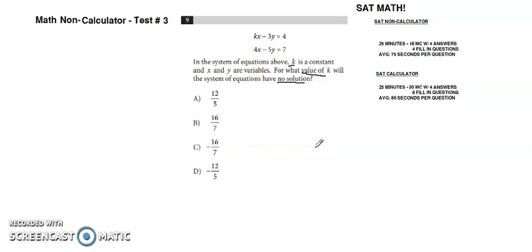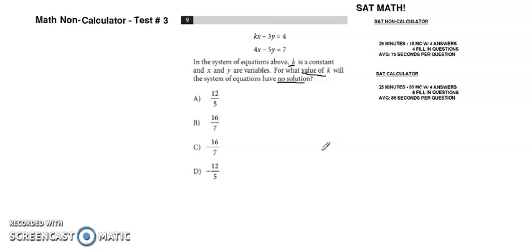And first of all, for this question, the coefficients from each of these equations don't have a common factor. You can see 3 and 4 don't have a common factor, 7, 5, and 4 don't have a common factor. So I think we're good. Second of all, if the slopes are the same with these coefficients, there would be no solution satisfying both equations.